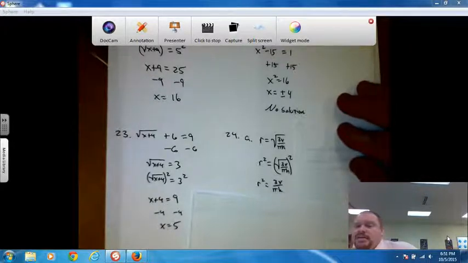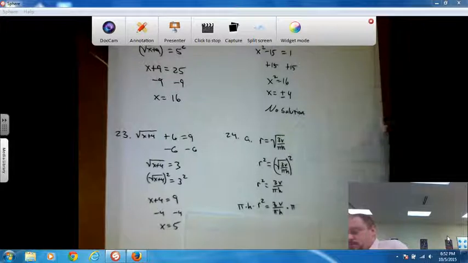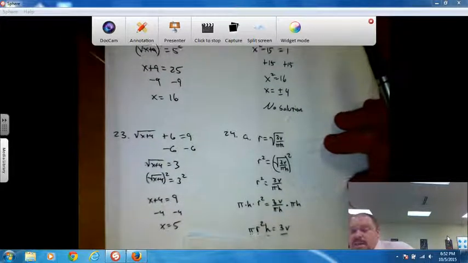Now, v is being divided by pi times h. So I'm going to multiply both sides by pi times h. Now, pi and h are just numbers, so you can go ahead and cancel them out. And we're left with pi times r squared h equals 3v.